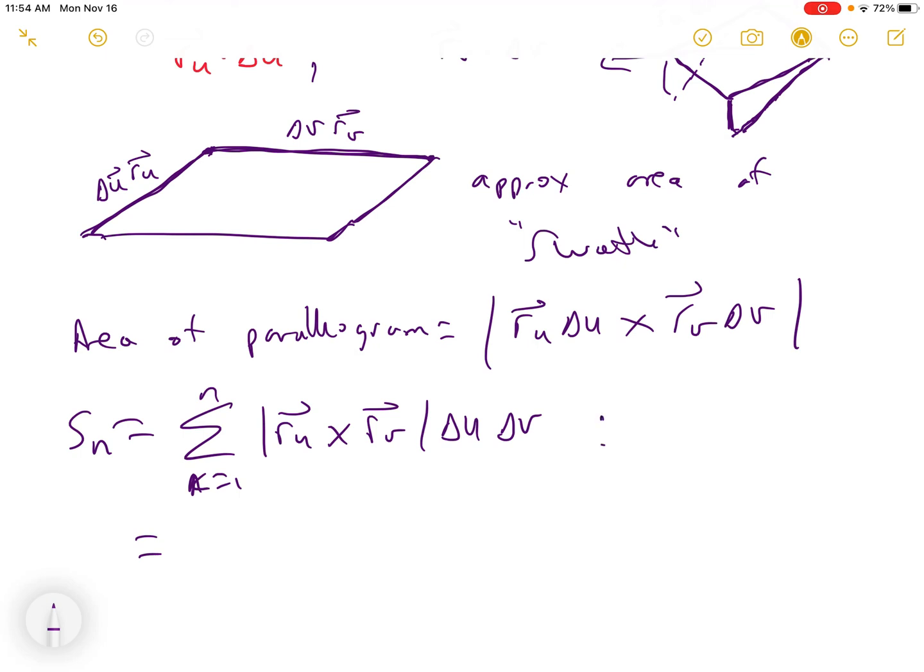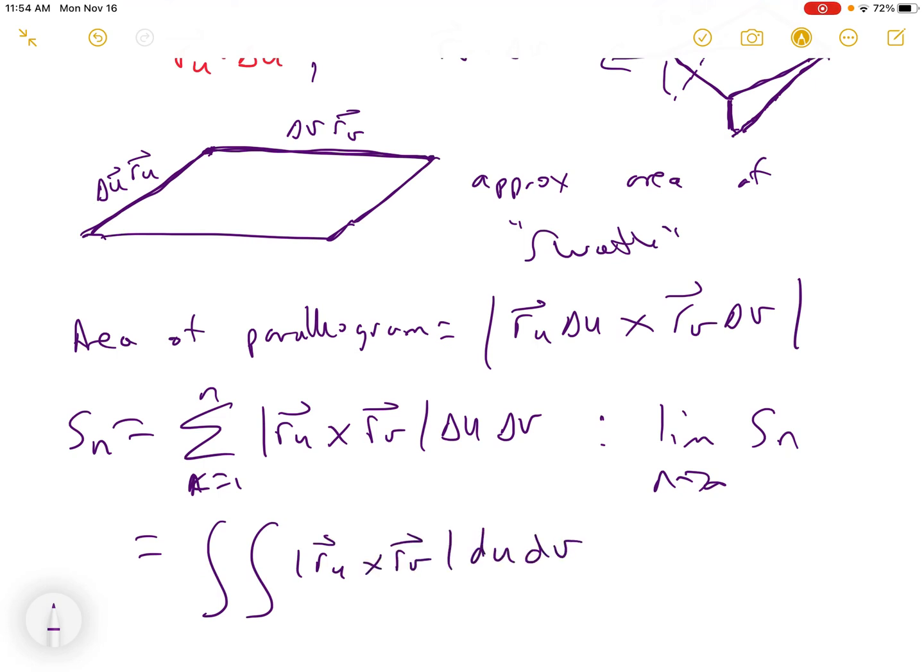And you let the limit as n goes to infinity of S sub n, assuming it exists, but of course it does. And you get the integral of the magnitude of r sub u cross r sub v, du dv, and u goes from a to b, and v goes from c to d.